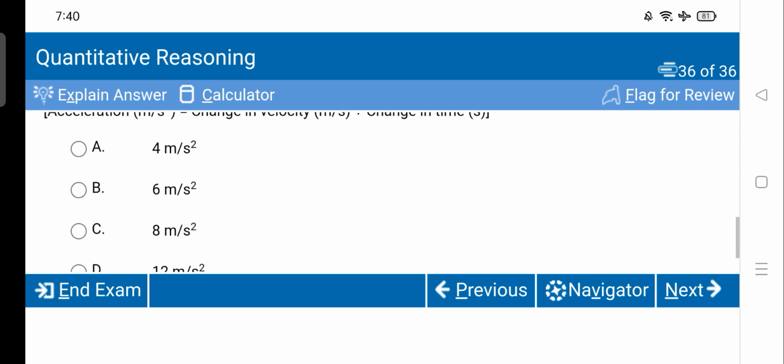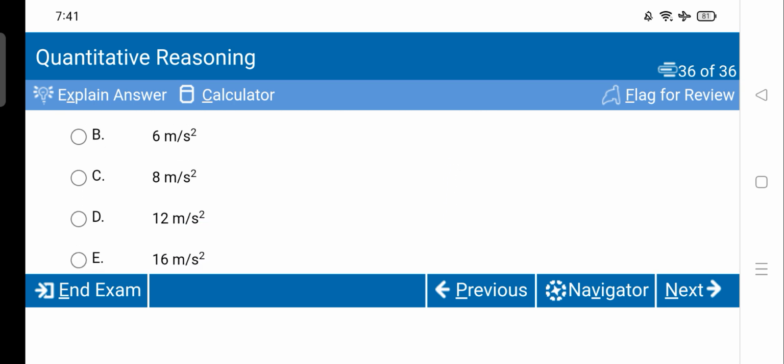Option A is 4 meter per second squared, option B 6, option C 8, option D 12, option E 16 meter per second squared.